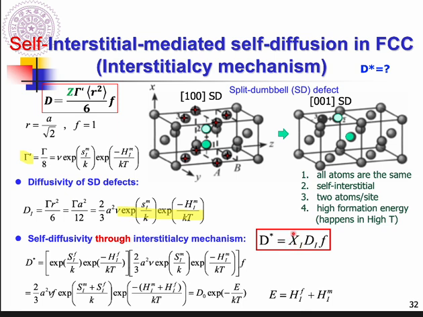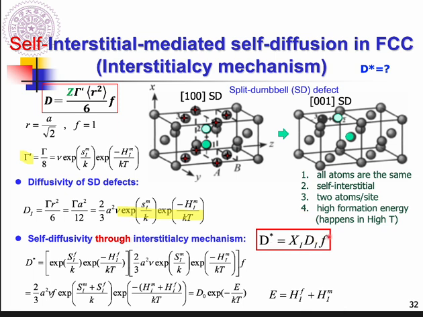So it will be the fraction of this self-interstitial defect and the diffusivity of this self-interstitial, times f. So the host self-diffusivity is through the interstitial mechanism. If you have more split dumbbells, then the host diffusivity will be higher. If the D_I increases, the host diffusivity will also be higher. Okay.